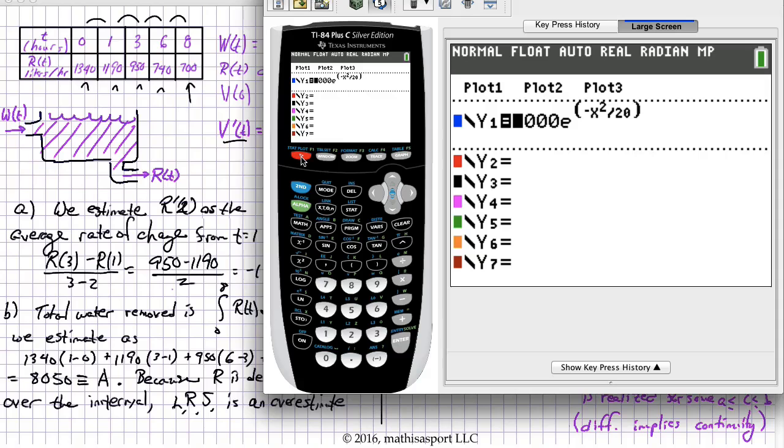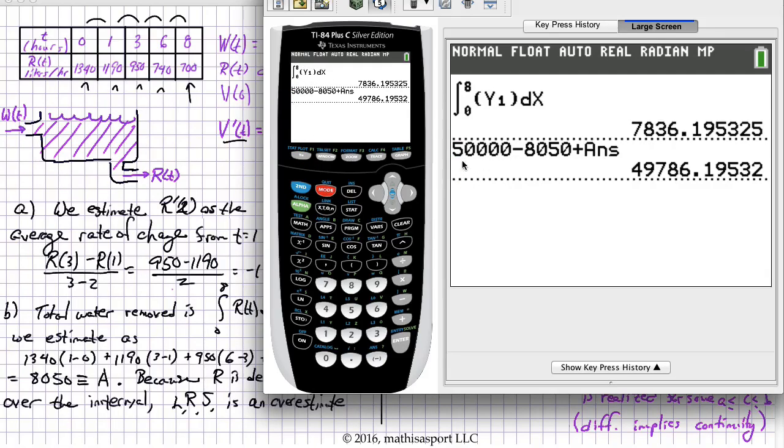And again, I remind you that you want to put the formula in just once and then reference it as y1. So now we can go to the main screen, and what you'll see I've done here is I did math 9 from 0 to 8 of y1 with respect to x, simply because even though the problem is couched in terms of time, we're always working in the calculator in terms of x, unless we're in parametric mode, and that's a rarity.